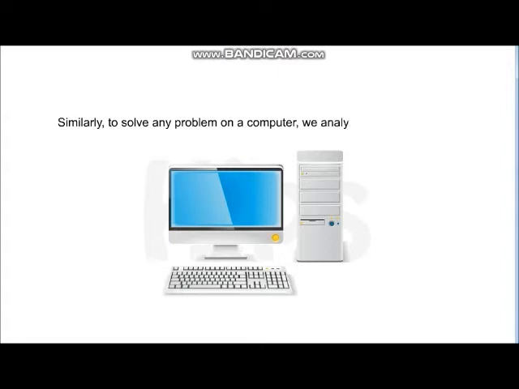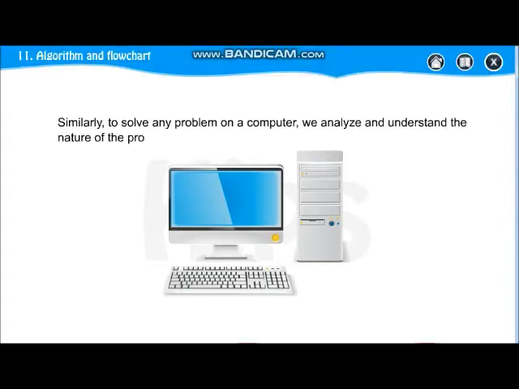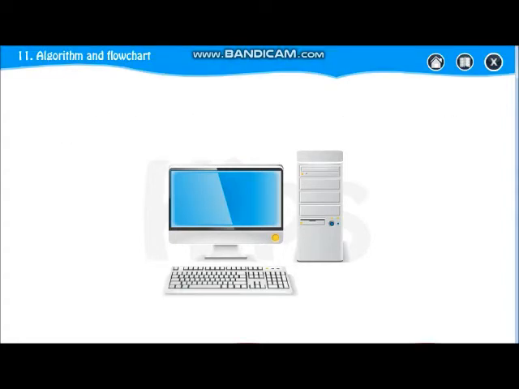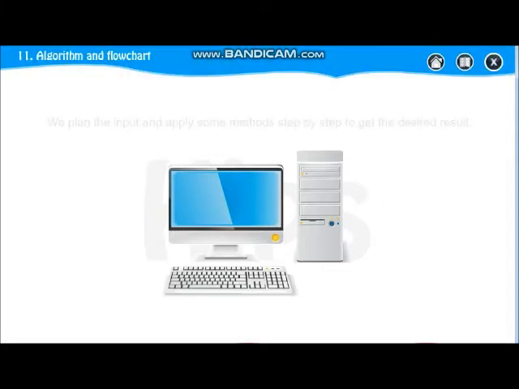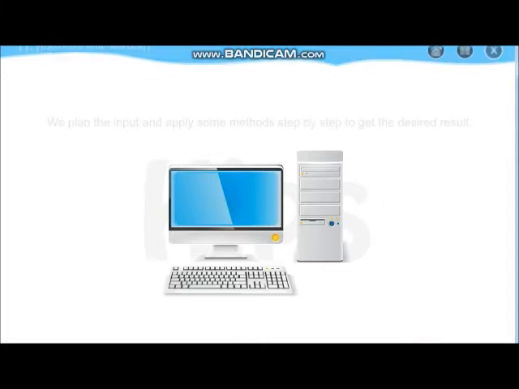Similarly, to solve any problem on a computer, we analyze and understand the task in simple steps. What are we going to do? We are planning the input. Before writing the program, we plan the input. What will our input be? What logic will we apply? What will our procedure be? And then what will we get? That means your output.